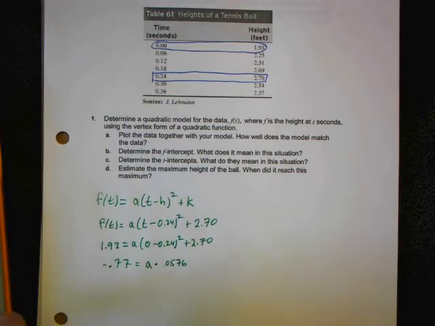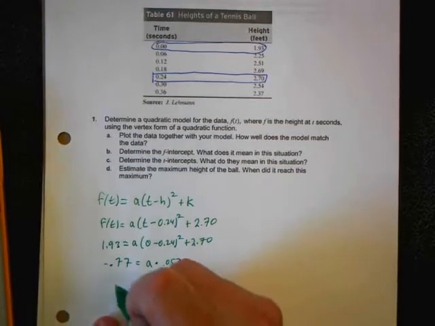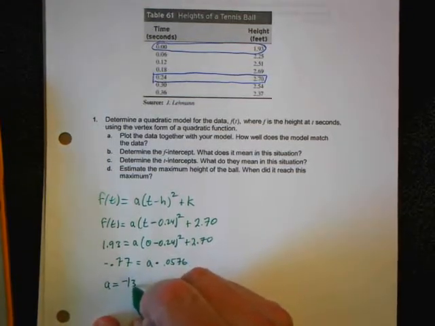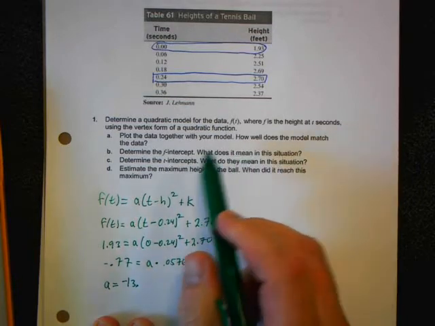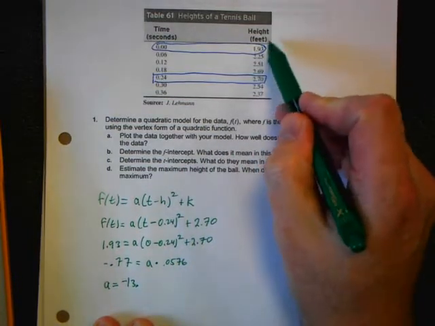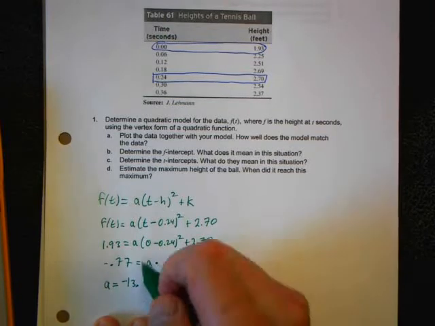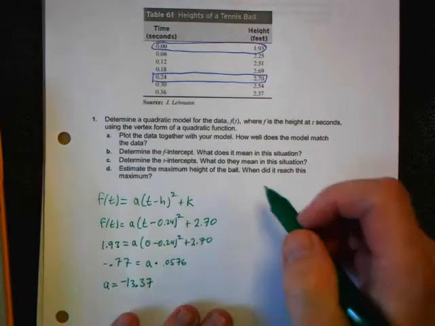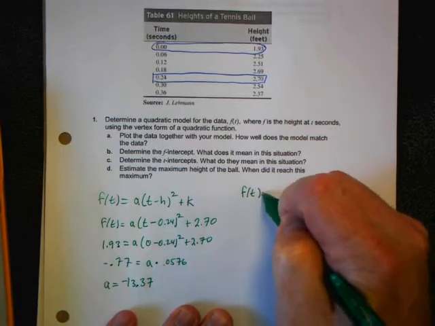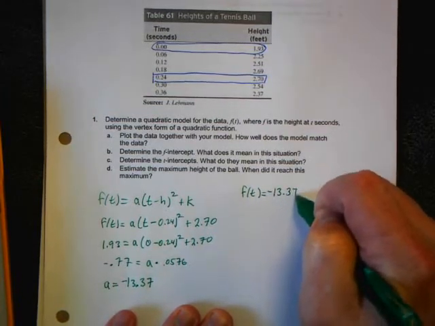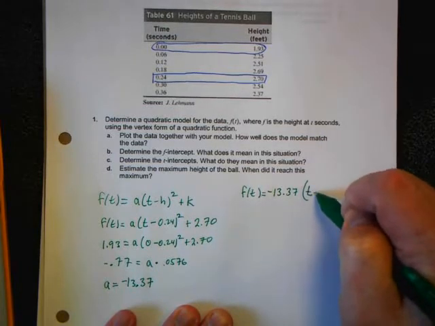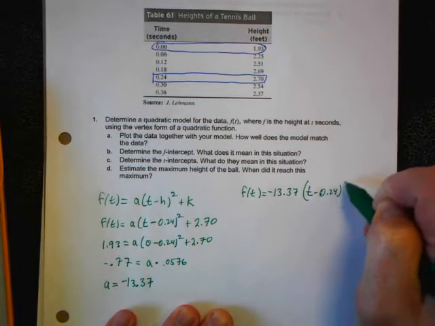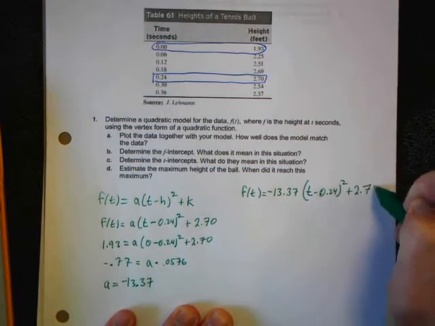Negative 0.77 divided by 0.0576. A is negative 13 point, it doesn't say, I'll round it off. Since my data has two decimal places in it, I'll round to two decimal places, I guess. Negative 13.37. Okay, so my equation is f of t is negative 13.37 times t minus 0.24 squared plus 2.70.